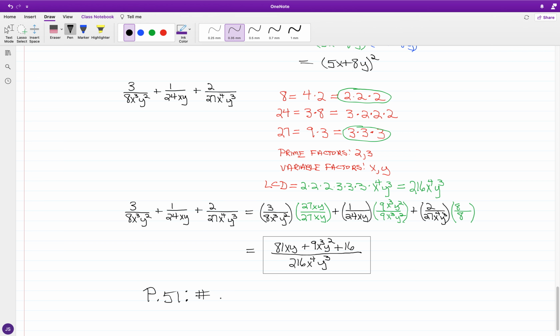From page 51, go ahead and look into numbers 17, 18, 28, 41, 43, 48, and also number 52.